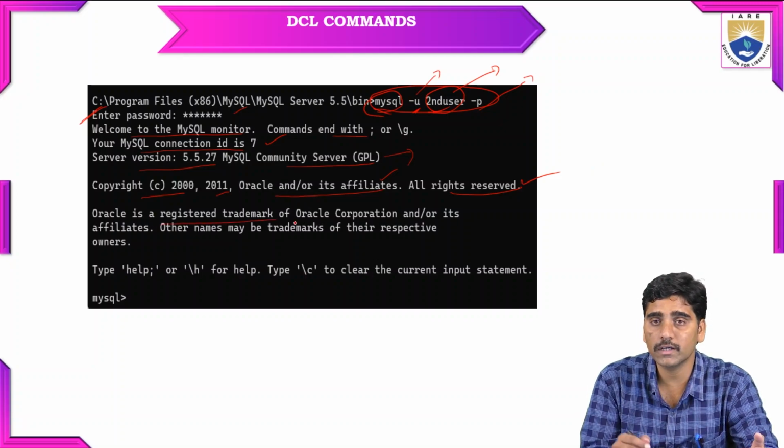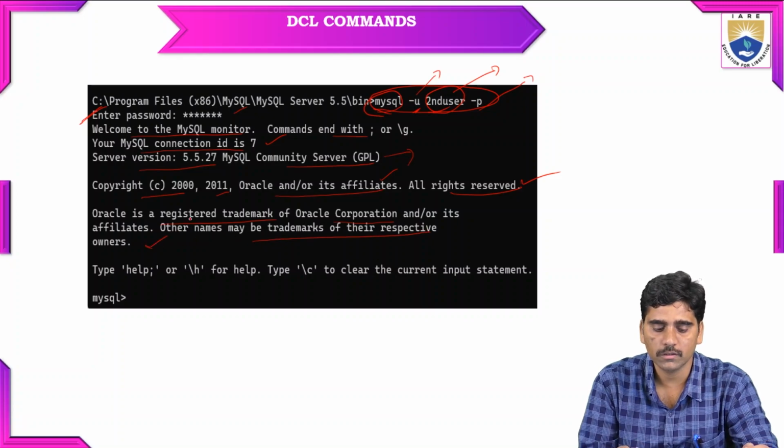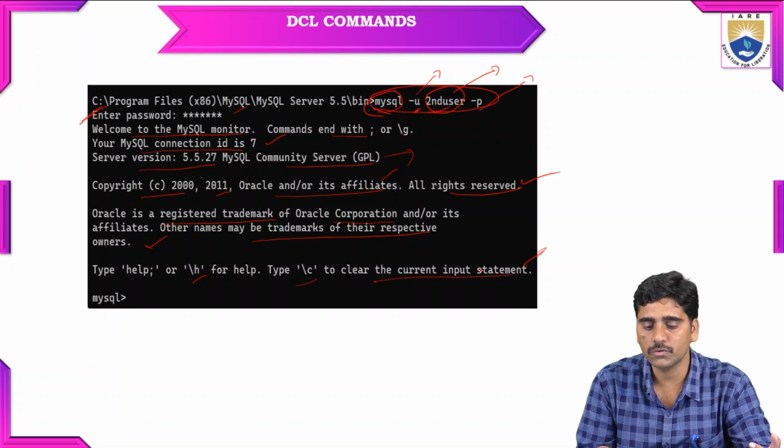Oracle is a registered trademark of Oracle Corporation and its affiliates. Other names may be trademarks of their respective owners. Type help or \h for help, or type \c to clear the current input statement. So this is the way to log in as a user.